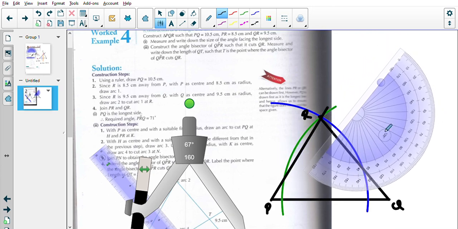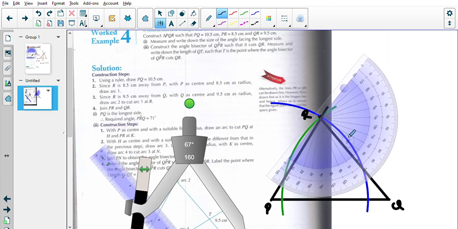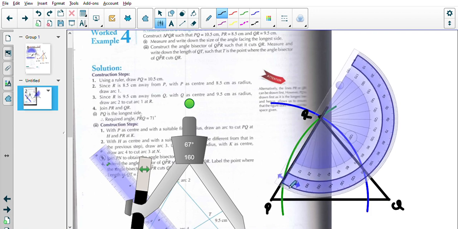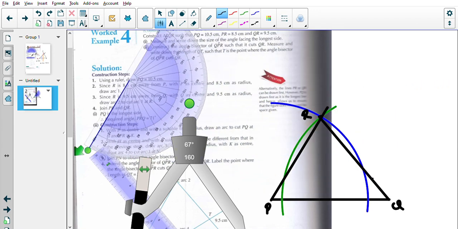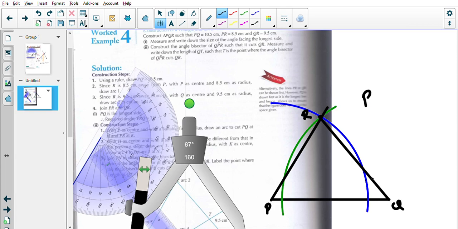Make sure that you put the center of the protractor like this, and then you rotate like this, and make sure that you read the numbers carefully. Alright, the angle PRQ is exactly 71 degrees. So we can write down here the angle PRQ, with the head above R, is 71 degrees.